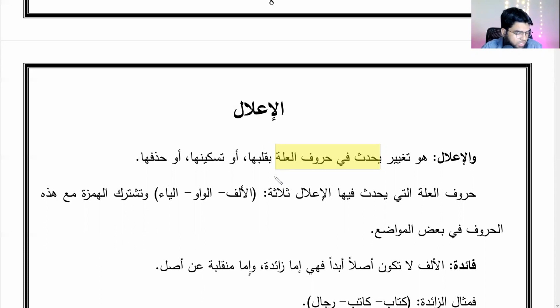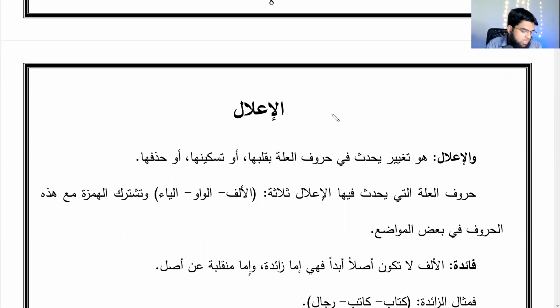We'll see examples also, inshallah. So how do you change it? In ibdal, you take the letter away and you bring another letter, right? You replace. But here it's not always replacement. It's not like 100% replacement. Yes, they are sick. Correct. First one is replacement, bi qalbiha. Qalb means we are replacing. We are taking the waw and the ya or alif, and we are replacing it with something.